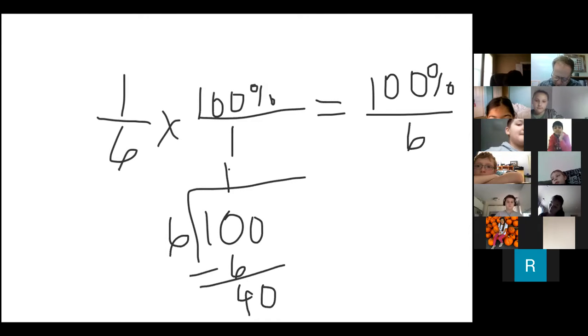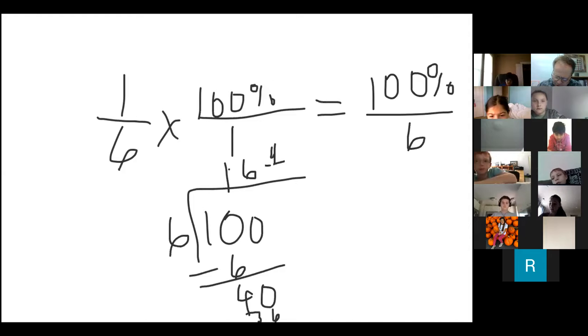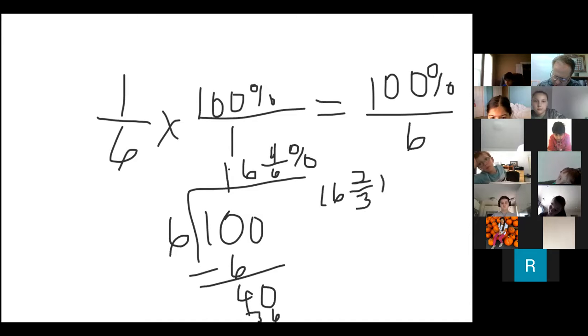Subtract, you have 40. 6 goes into 46 times, that's 36, with a remainder of 4. So it's 16 and 4/6%, but you can reduce that 4/6 to 2/3, and there's your chance for it. Okay. Thank you. So that's what you do each time.